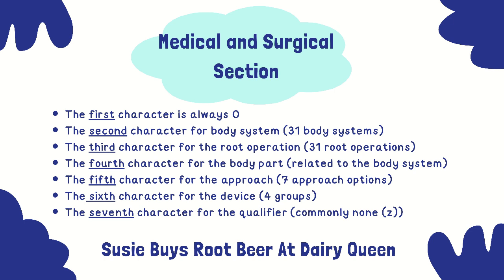The code table, as you may recall, is 3 characters, which at the top, upper left-hand corner, shows you the section, the body system, and the root operation.